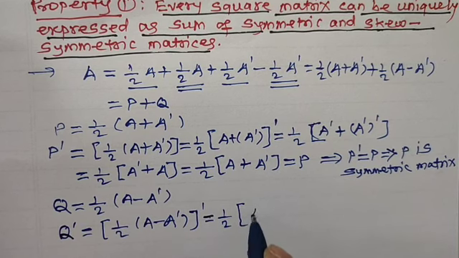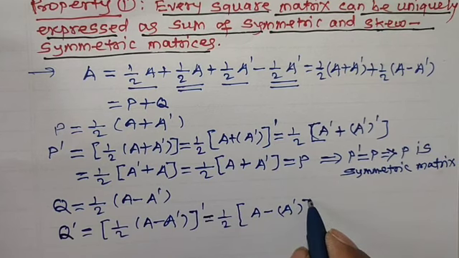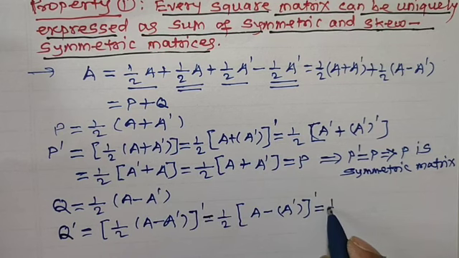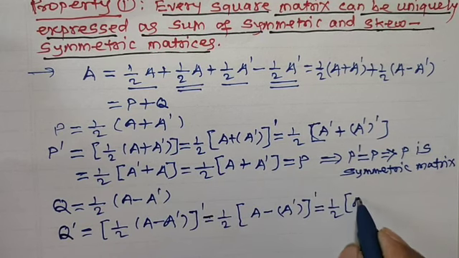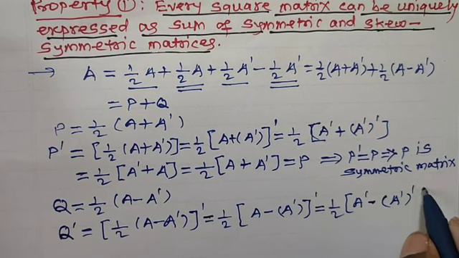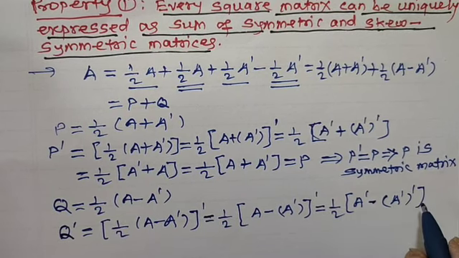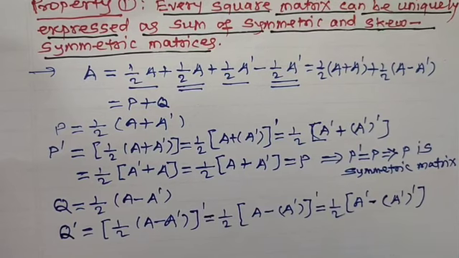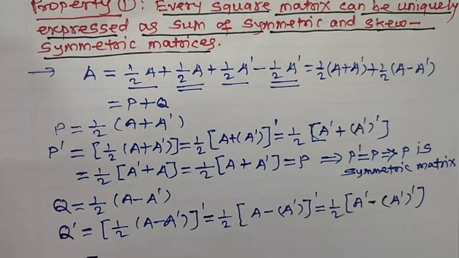Then (A minus A dash), its transpose, which is equal to half of (A dash minus A dash dash). Again, A dash dash is A.